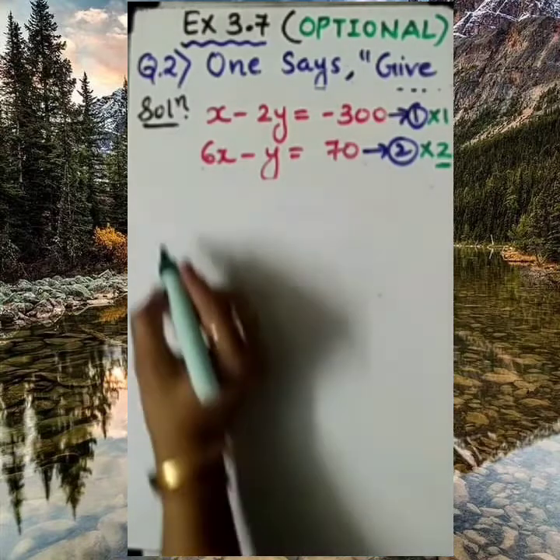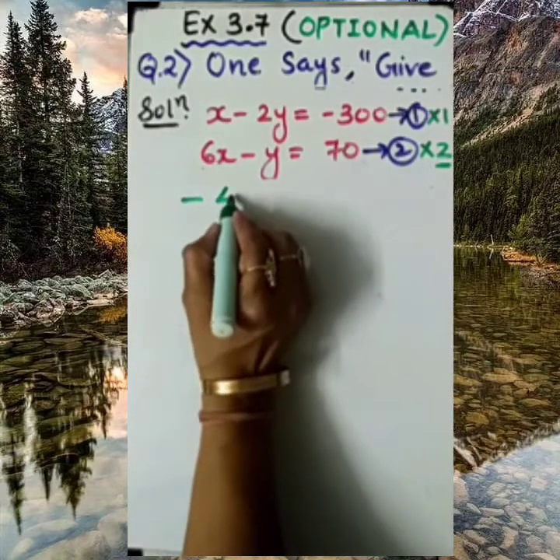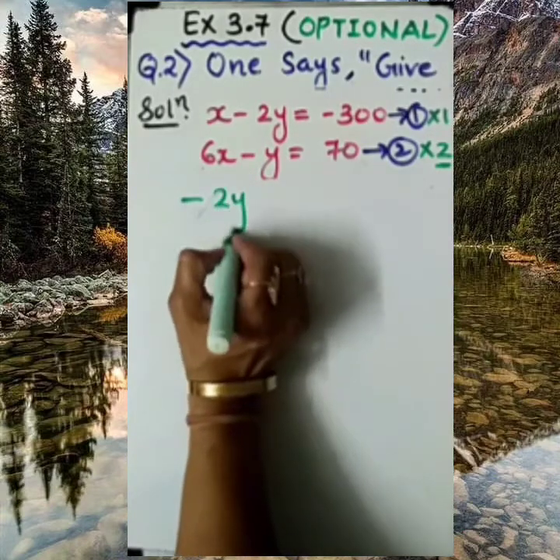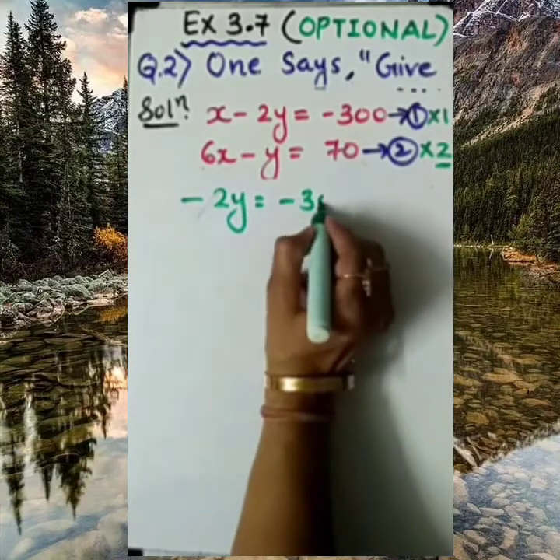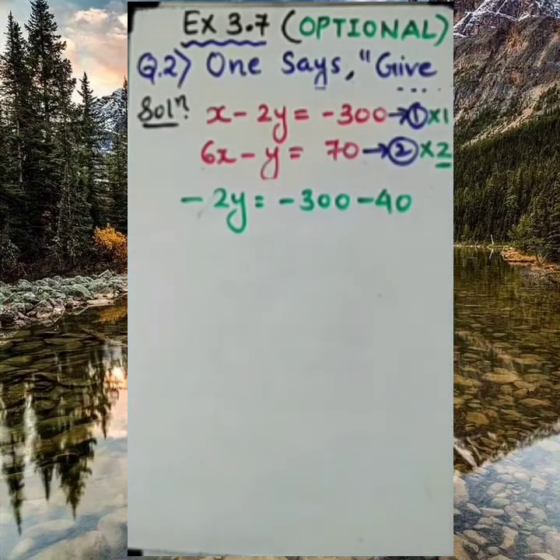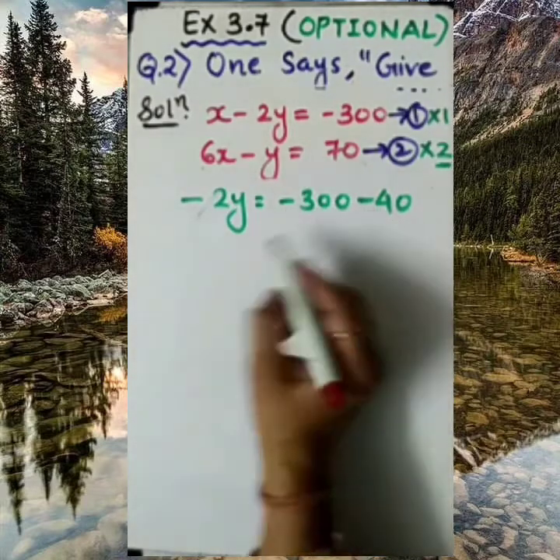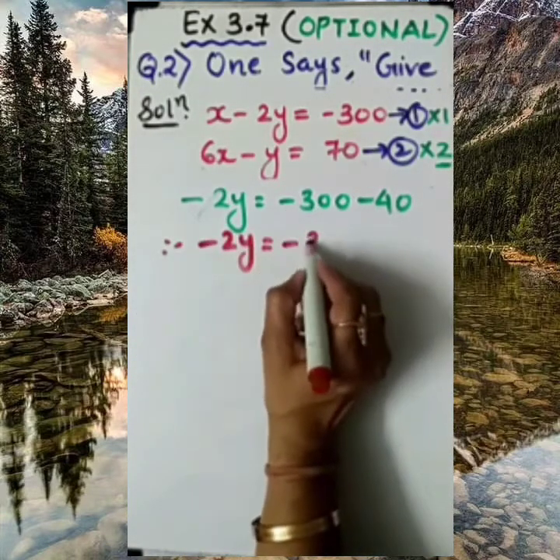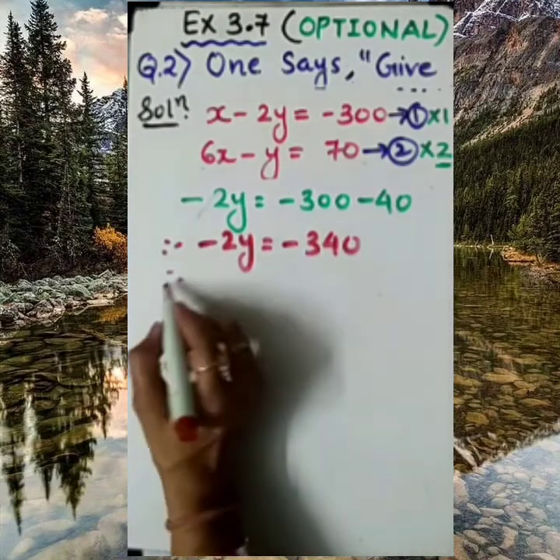So dear student, the next step: minus 2y I am keeping on this side, minus 300 is already there, and 40 I am bringing to this side, so that is also minus 40. As we know, same sign, addition. So minus 2y equals minus 340.